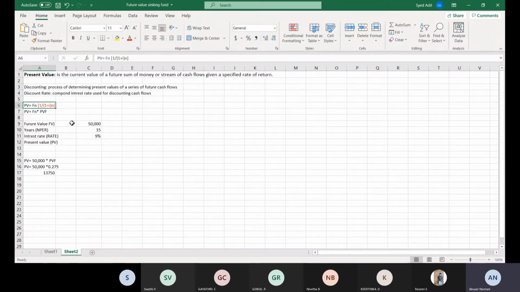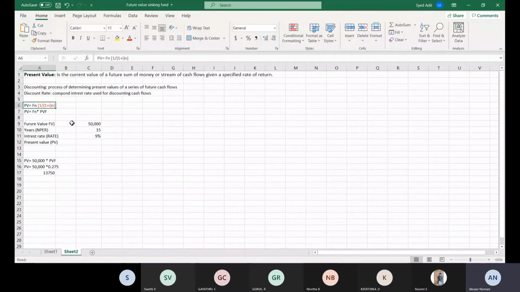So the formula will be: present value is equal to future value multiplied by 1 divided by (1 plus i), where i means the interest rate, raised to the power n, the number of periods. This is the formula for finding out the present value.